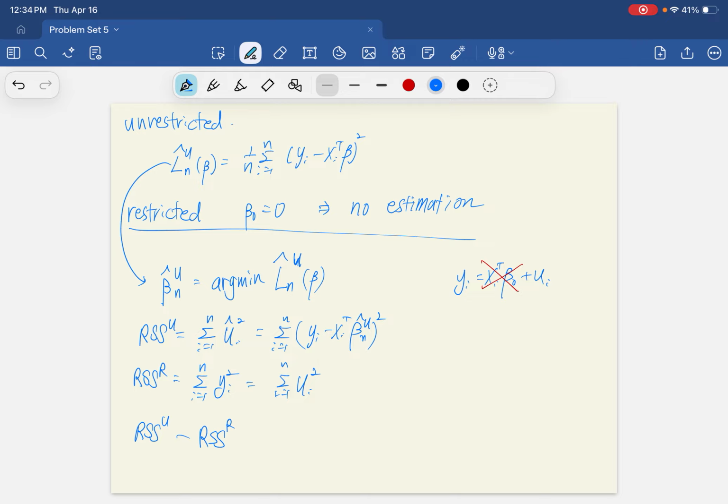So think about this. You may understand the restricted model as the minimization problem subject to beta equals 0, right? So the restricted model is a constrained minimization.